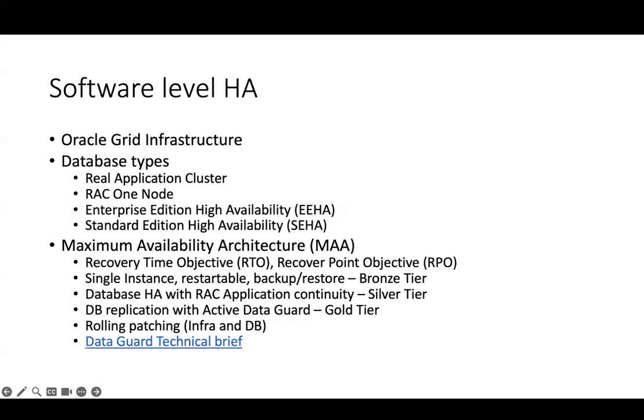The same applies to the gold tier. Gold tier includes silver and bronze, but it also adds database replication with Active Data Guard. Or, I mean, MAA suggests Active Data Guard, but you can use normal Data Guard, which is included in the Enterprise Edition license.